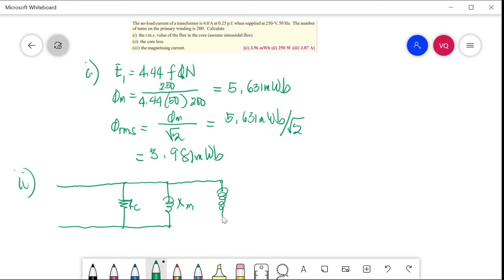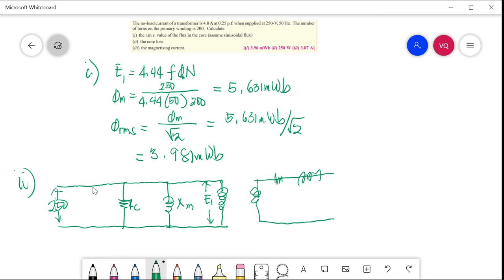This is your winding. The primary, secondary. Your secondary winding is open. So, nandito yung E1 mo. Induced EMF E1. And this is your input voltage, 250 volts.